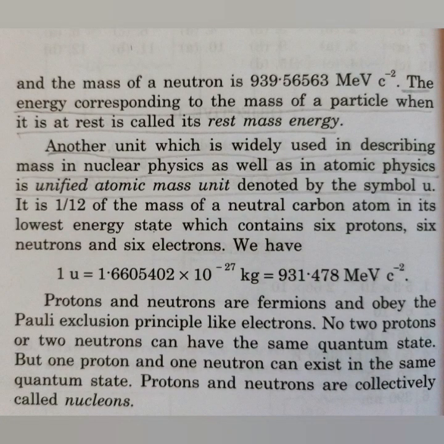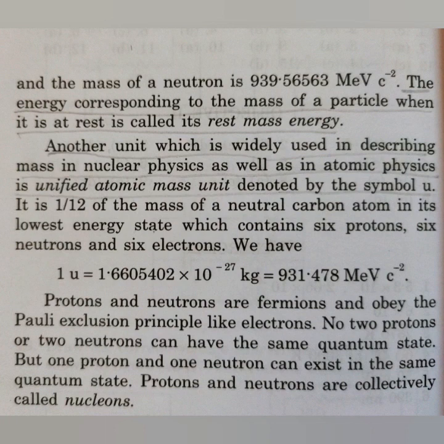The energy corresponding to the mass of a particle when it is at rest is called its rest mass energy. Another unit to describe mass in nuclear physics is the unified atomic mass unit, denoted by the symbol u. 1 u is defined as 1/12 of the mass of a neutral carbon atom in its lowest energy state, which has 6 protons, 6 neutrons and 6 electrons.